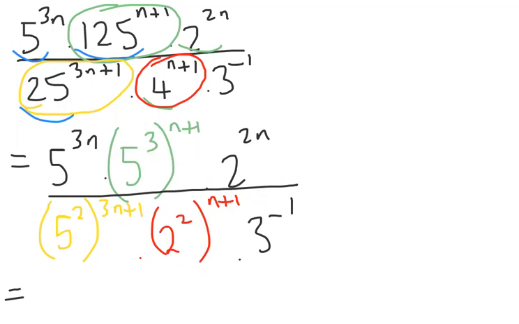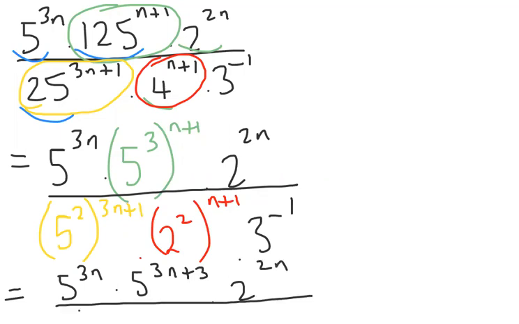So that's going to give us 5 to the 3n times 5 to the 3n plus 3. I just simplified that over 2n, all of that over 5. That is 6n plus 2 times 2. And we're going to multiply this part here, which is 2n plus 2.